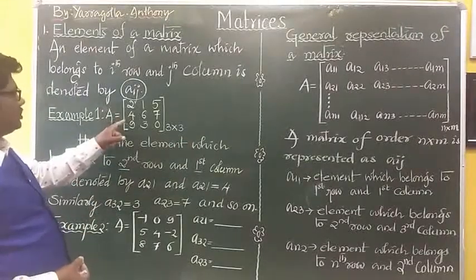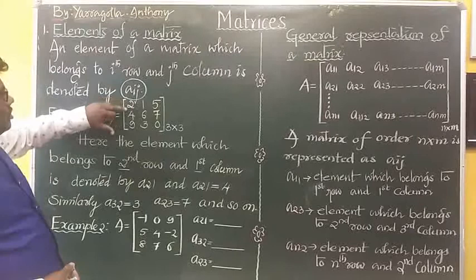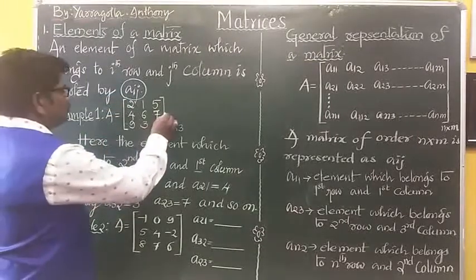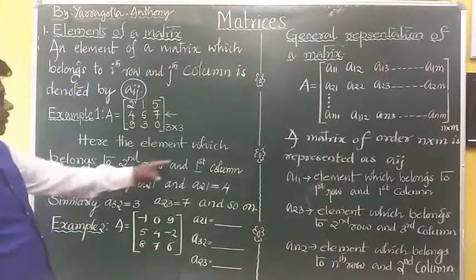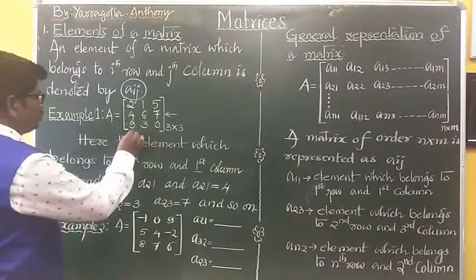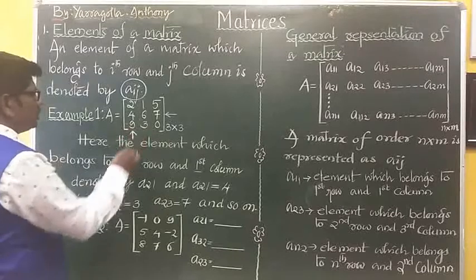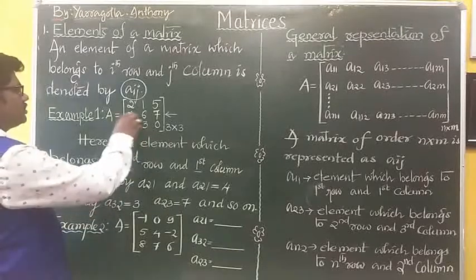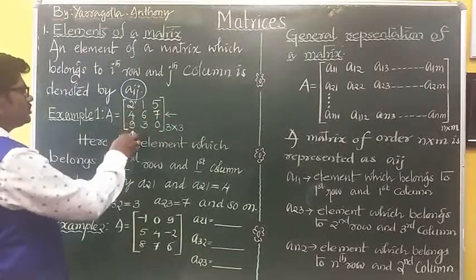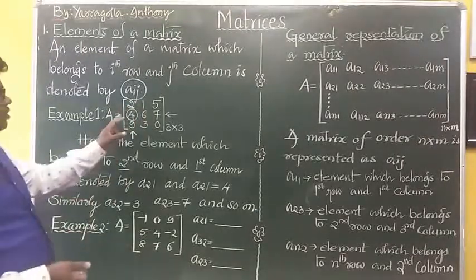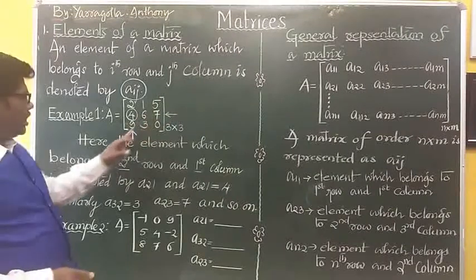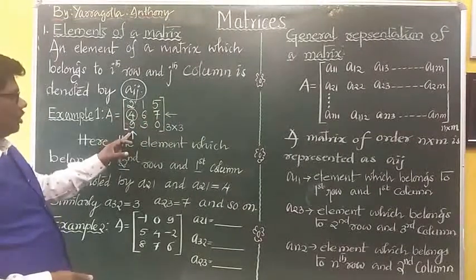This is the first row and this is the second row. That means we are talking about this row. Second row and first column, so I am talking about this column. So the element which comes in the second row and first column is this element, isn't it?